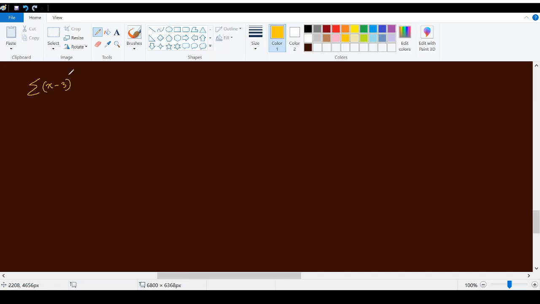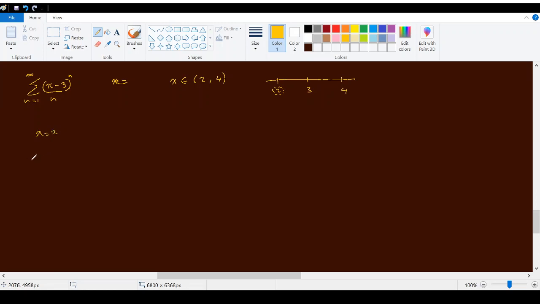Okay, so first of all, let's consider what will happen if x is on a boundary point. We have chosen our nice region to be 2 and 4, right? So here we have 3 and here we have 2 and here we have 4. Let's see what will happen when we choose x equals 2.